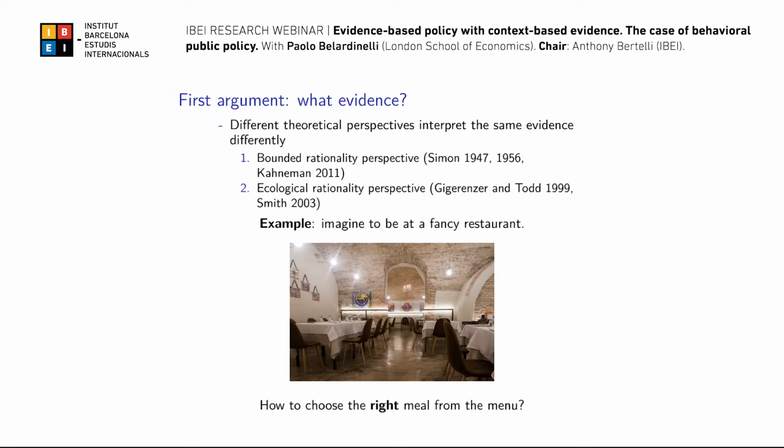According to the bounded rationality perspective, it's not rational to go for an option like, I don't know, the foie gras if we are having lunch alone, and to go for the veggie pie if we are having lunch with other people. This is like an error, it's inconsistent.